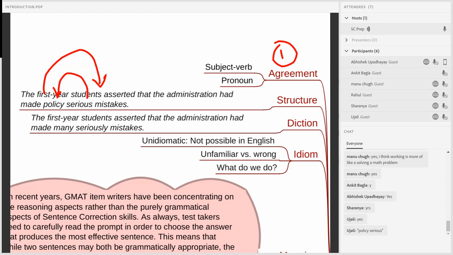Once you've got this structure, the advantage is that you will no longer be looking at your sentences as blocks of text. Imagine how you look at your sentence correction questions right now. You're probably looking at them as a huge block of text. Once you're good at structure, you'll be looking at them as small elements connected to each other.